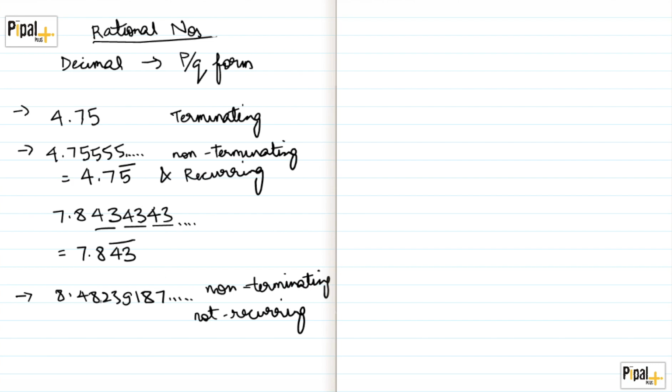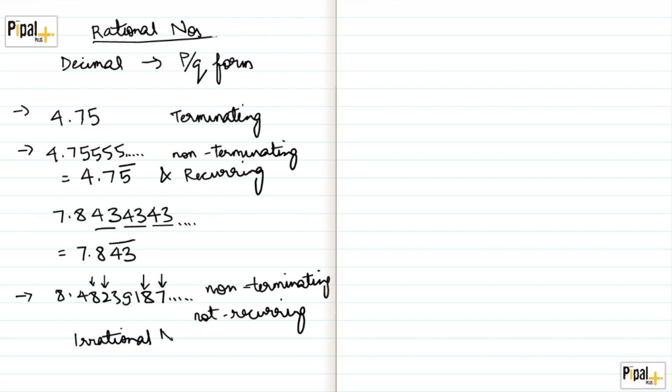Here there is no pattern. Now you notice that after 8 there is a 2, but here after 8 there is no 2, there is just another digit 7, right? So this gives away that this is an irrational number.